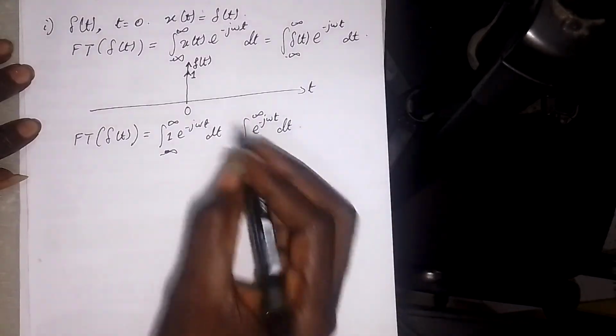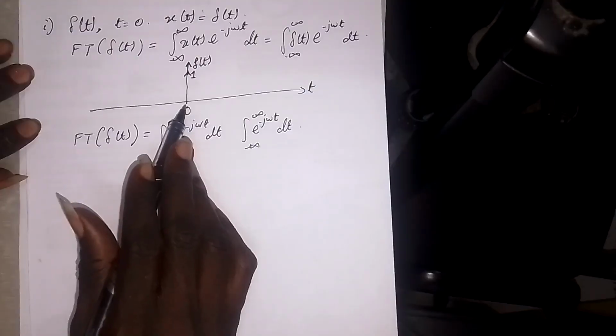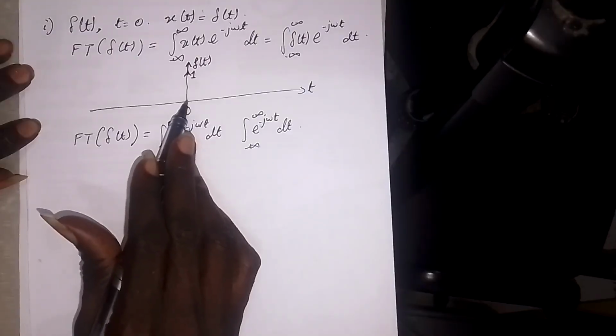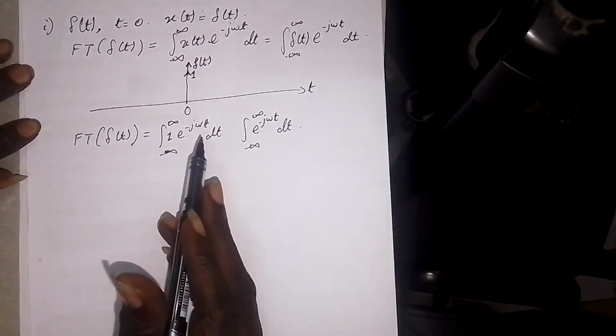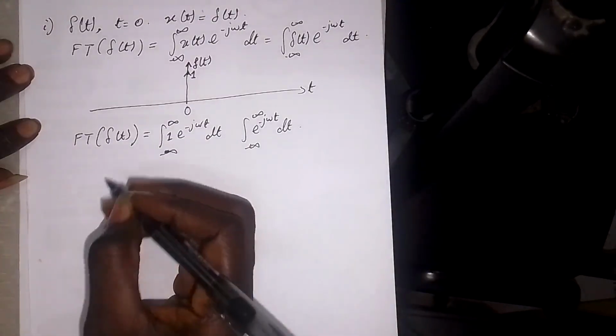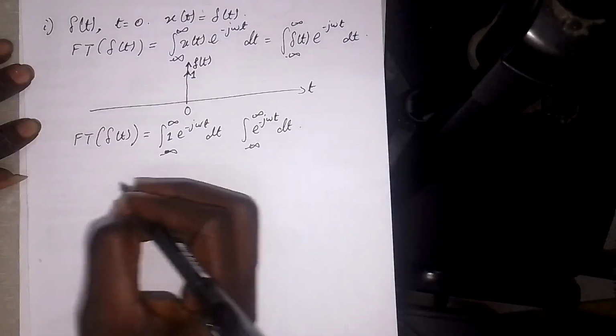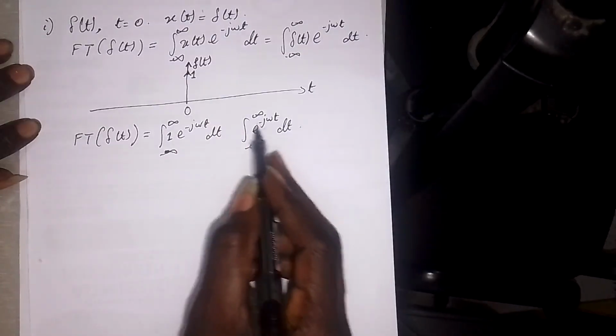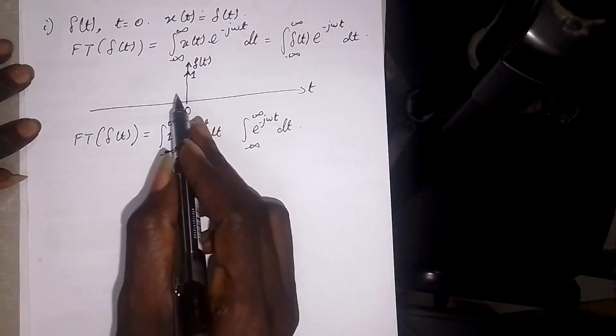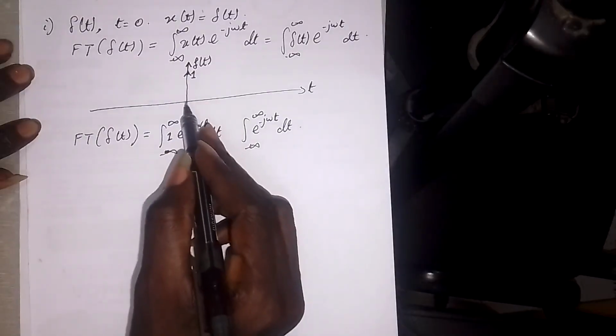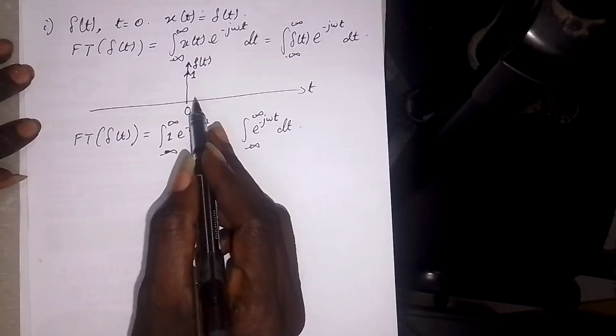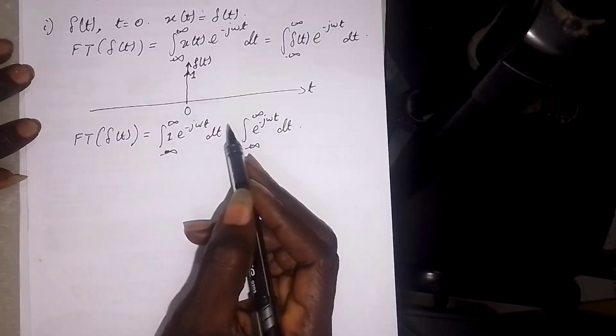Now we know that our signal is a unit impulse. It's occurring at just one specific instant of time, and that is all. It occurs as a unit impulse at one specific place, and it doesn't occur at another place again.